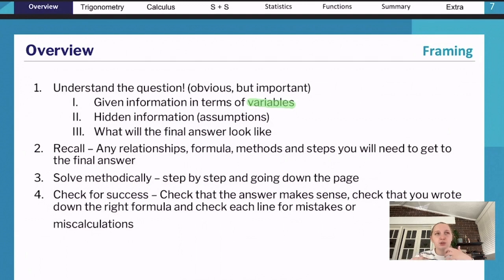Then there are also assumptions that they're trying to help you make given the information that they give you. A lot of the time this happens in the form of question A, B, C, D, and it's assumed that you know that to answer part C, you'll need to use what you did in part A or part B. I think a lot of the time people forget that those questions don't exist in isolation.